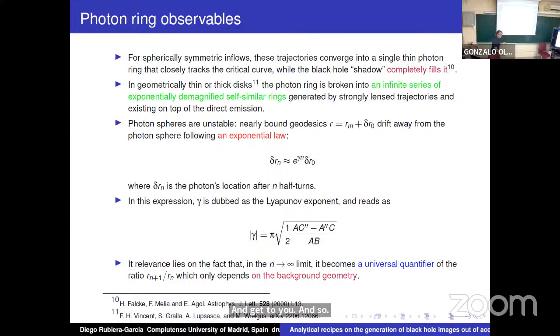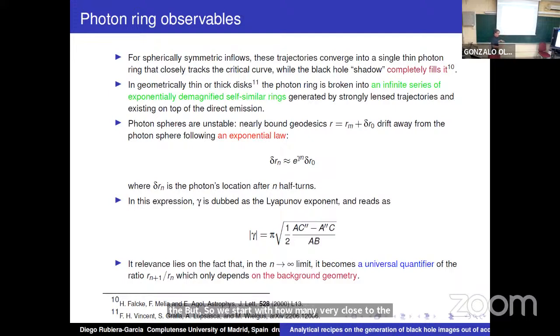So the photon ring is broken up into an infinite series of rings, which are similar in character to each other. But they do not contribute equally to the image. Why is that? Remember that these photon rings are associated to the photon sphere, to the maximum of the potential. But the maximum of the potential is unstable. So we start with an orbit very close to the maximum, but slightly displaced.